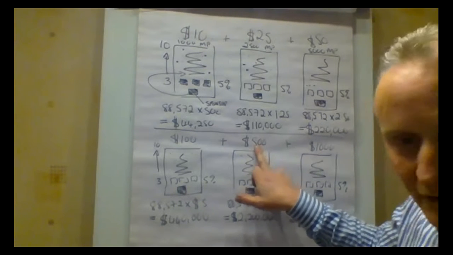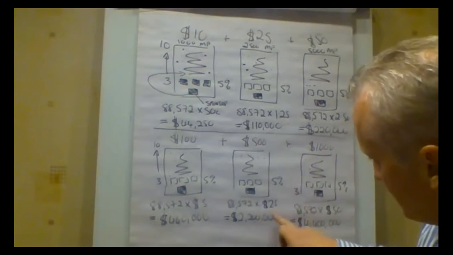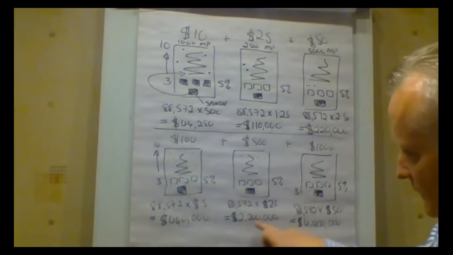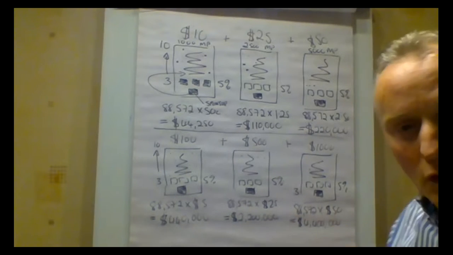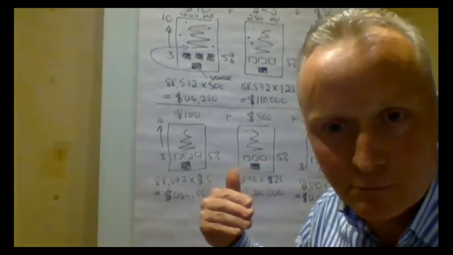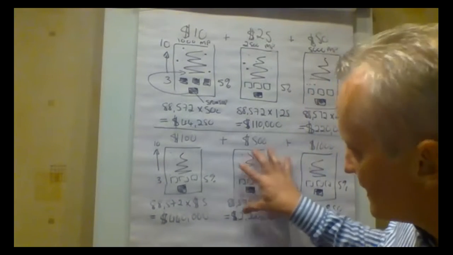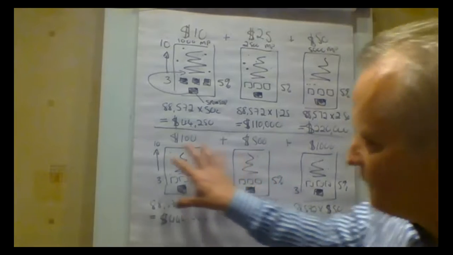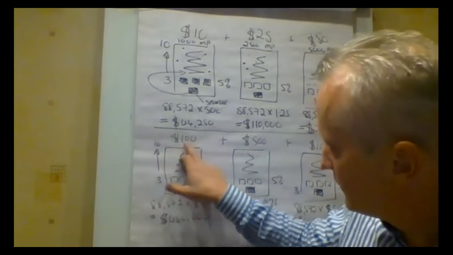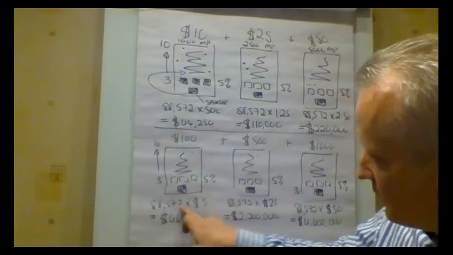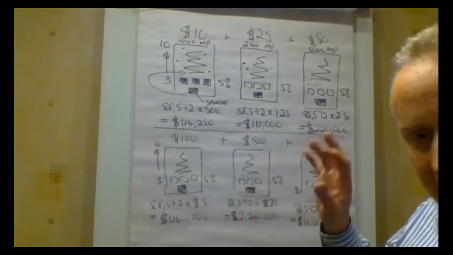Well, if this is a $500 and this is $1,000, this is 25, this is 50, this is 2.2, this is 4.4. It's double. It's twice as big. This one is twice as big as this one. This one is 5 times bigger than this one because it's 5 times more. It's incredible.